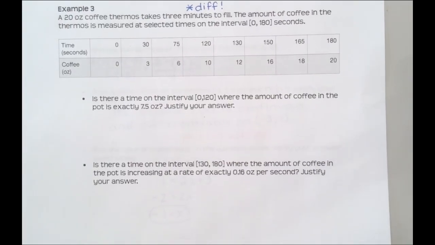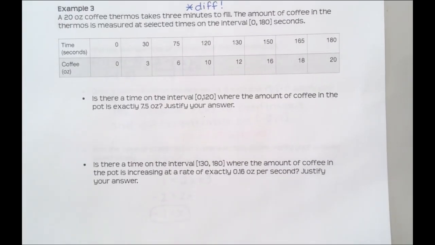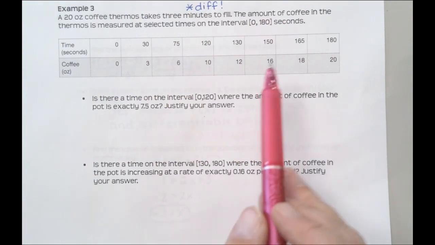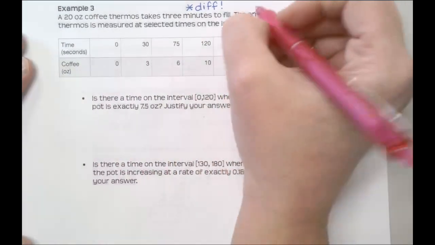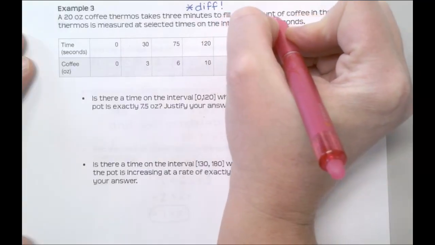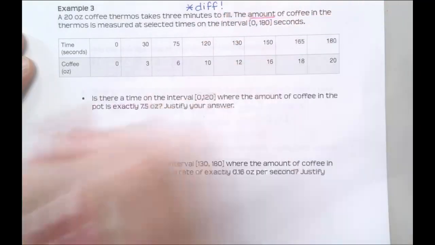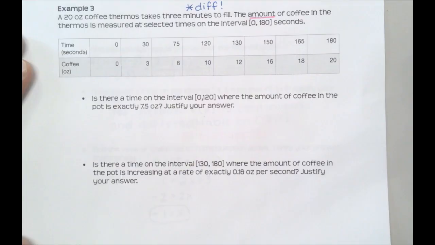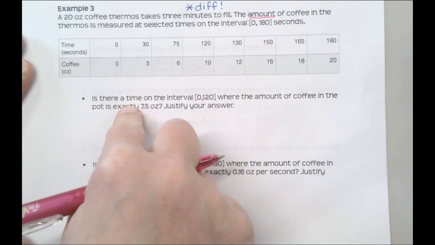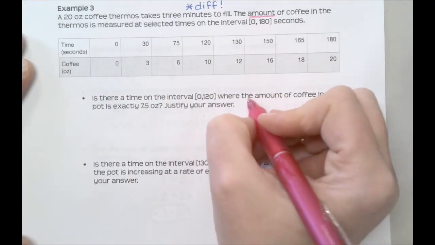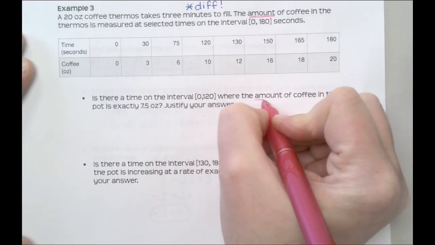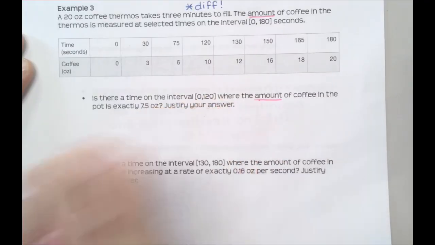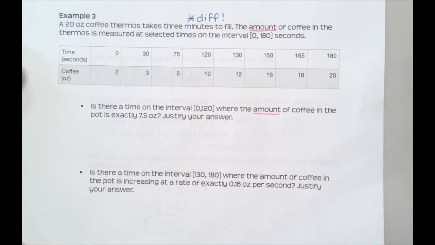Okay, so I want you to look at the difference between these questions that I have here. The function that I'm looking at is talking about the amount of coffee in the mug or in the thermos at any given time. And the first question I'm asked here just wants to know, is there a place where the amount of coffee is 7.5 ounces?